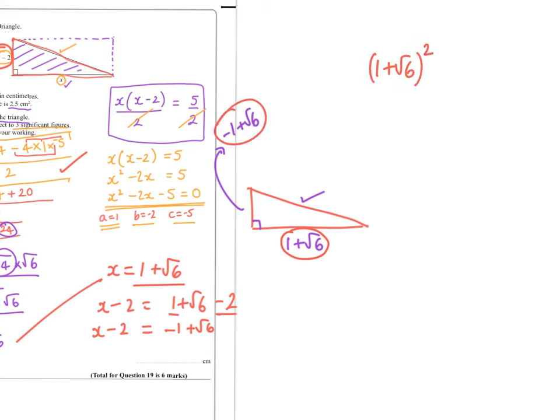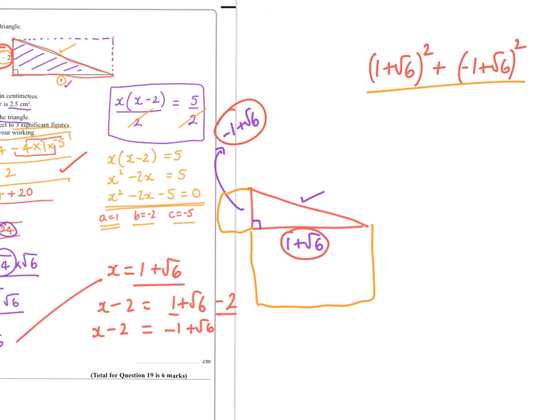We'll square this one here. And then we'll add them together, because don't forget, with Pythagoras' theorem, we've got this area plus this area gives the larger one. So I'm just going to get rid of this, and we'll go from here.